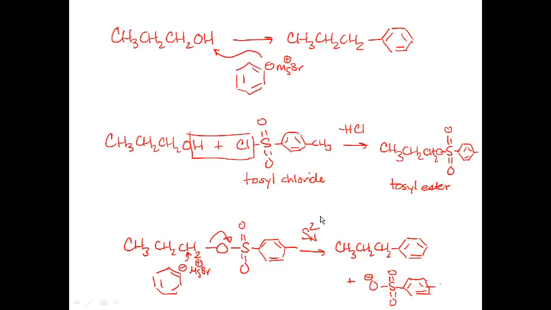I'll talk about E2 in a couple of minutes. So formation of tosyl esters allows us to convert the OH, which won't leave, into a leaving group that is compatible with really strong negatively charged nucleophiles. Okay. Now, why is this tosylate a very good leaving group?